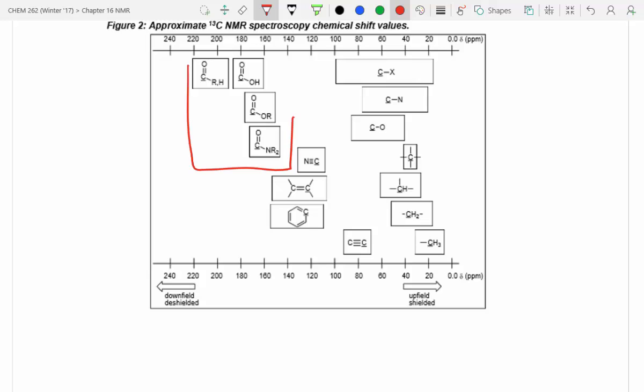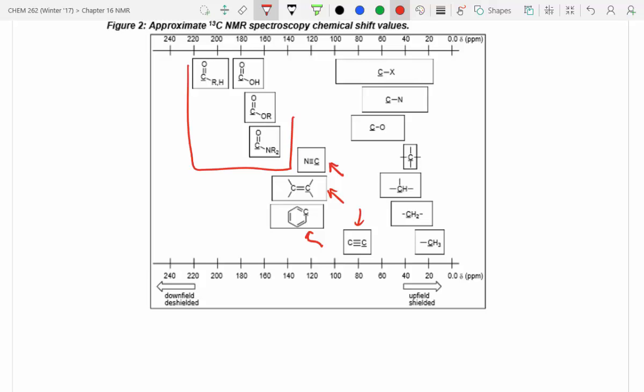And then you've got your aromatic carbons. They show up at around 120-ish. Same thing with alkene carbons, and triple bonded carbons show up in this region from about 80 to 140 ppm. So you can see, you can roughly correlate these, but it's not super predictive unless you get into more advanced NMR experiments.